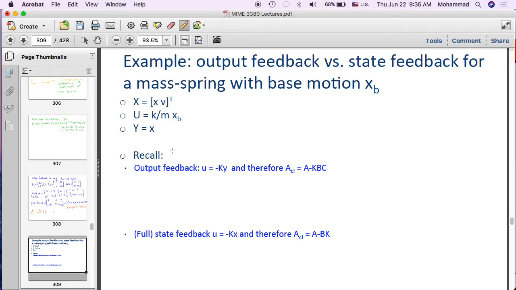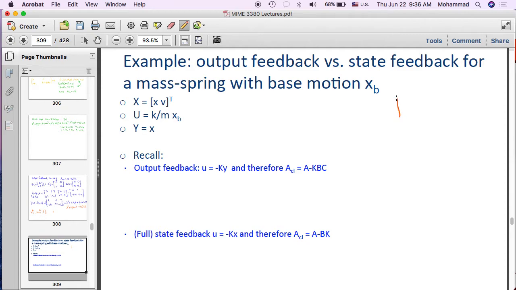So we have a mass and a spring only. So there is no damping. So a mass spring system, no damping. And what we want is to look at the effect of base motion. It's like a suspension system. So what do we mean by base motion?